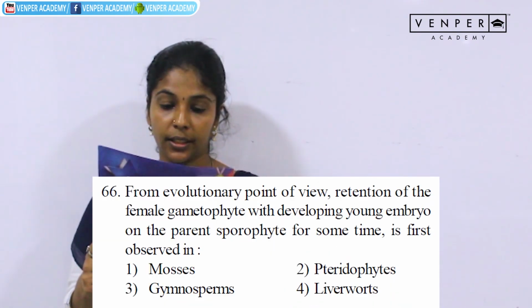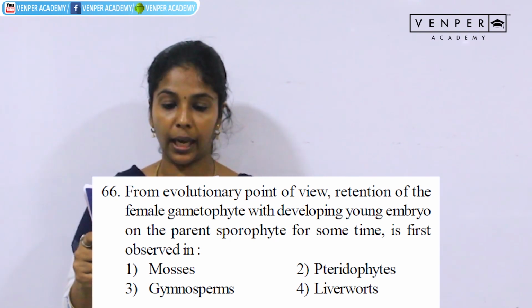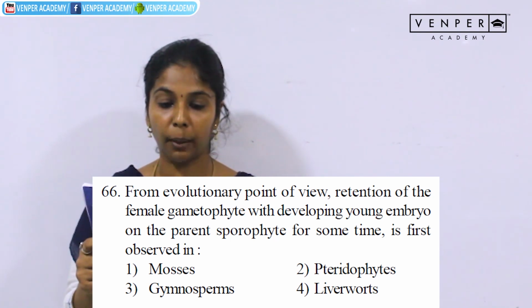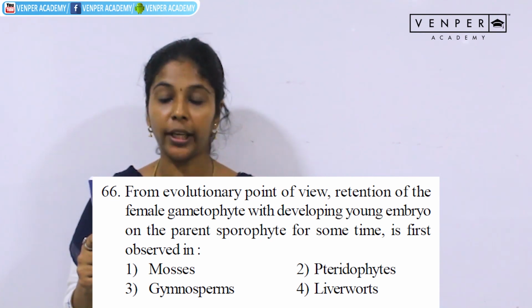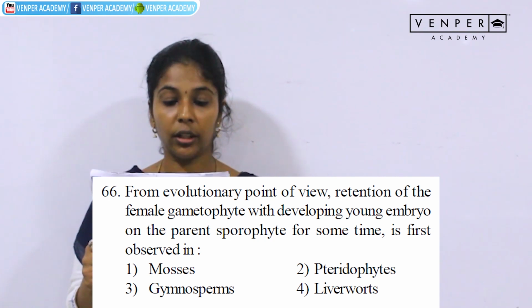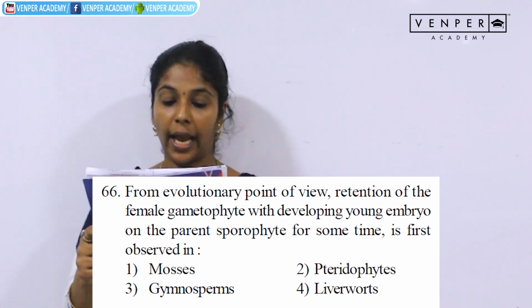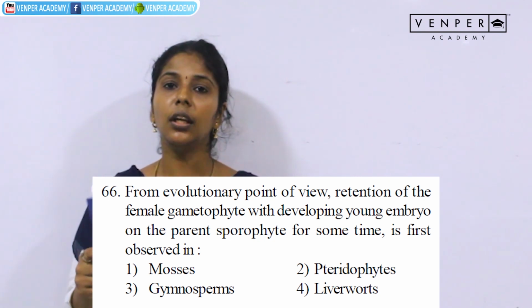Question number 66. From an evolutionary point of view, retention of the female gametophyte with developing young embryo on the parent sporophyte for some time is first observed in. Options are mosses, pteridophytes, gymnosperms and liverworts.